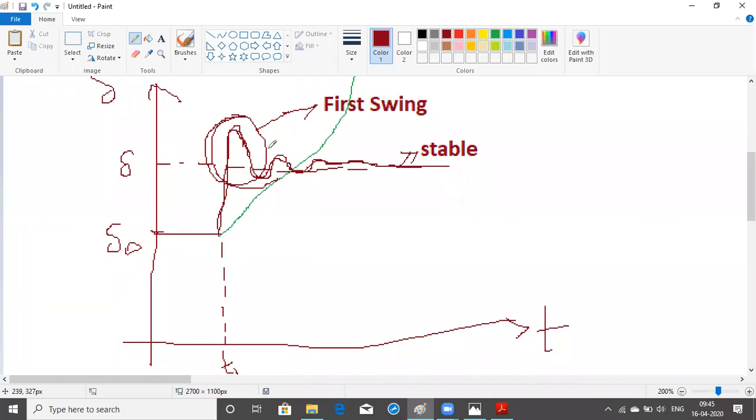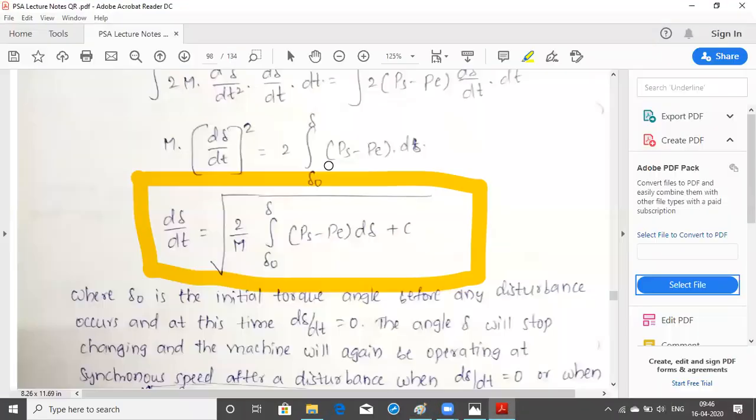At this point, the change d delta by dt is actually 0 because there is no change. For that reason we call it stable. So for a stable operating point, d delta by dt is equal to 0.